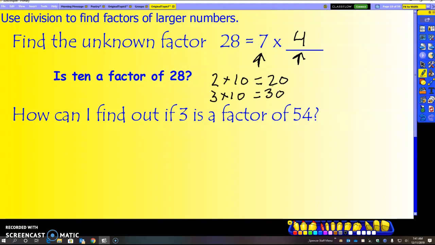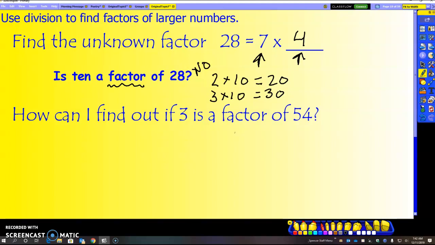Okay, so 20 is too low and 30 is too high. So no, 28 is not a multiple of 10, so therefore 10 is not a factor of 28. Okay, we'll talk more about that as we keep going in our lessons. But if I count by tens, I cannot make 28. Okay, so that should be kind of an easy idea there.